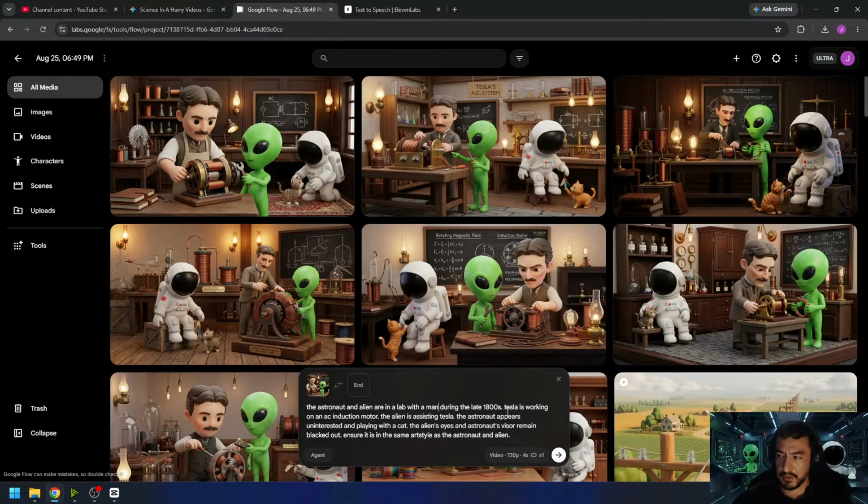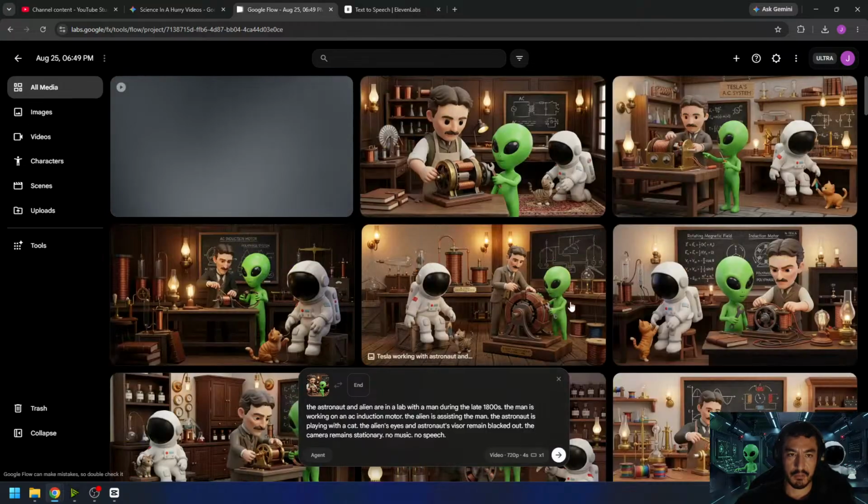During the late 1800s, the man is working on an AC induction motor. The alien is assisting the man. Astronaut appears uninterested. The astronaut is playing with a cat. Camera remains stationary. No music and no speech. Let's give that a shot.